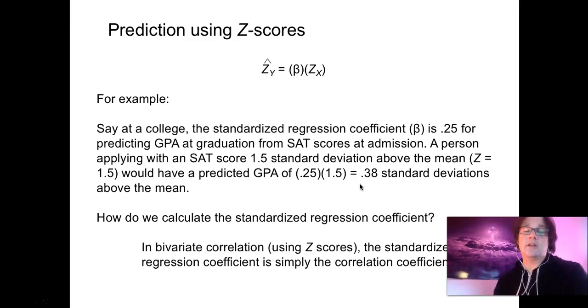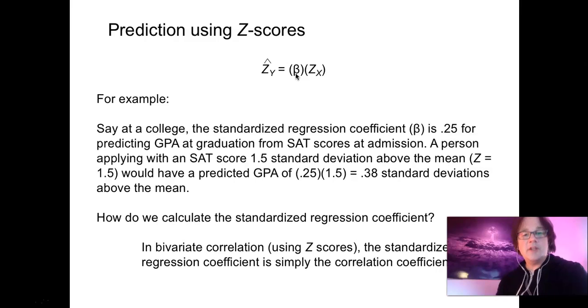It's just the correlation that exists between x and y. So if you calculate the correlation coefficient between x and y using z-scores, that's your regression coefficient. That's beta. That's the value you need right there.